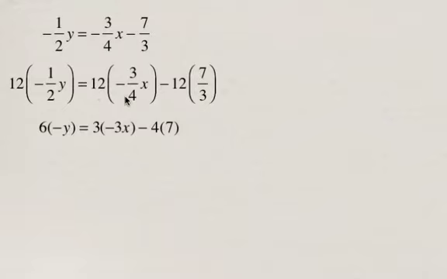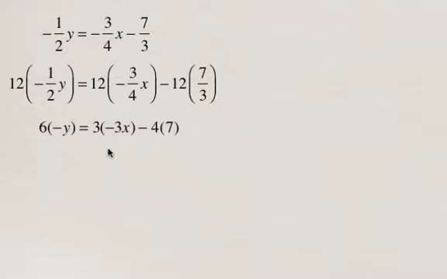And 3 goes into itself once and into 12 3 times. So we end up with 3 times, and remember the 4 is canceled out, so 3 times negative 3 times x, so negative 3x. And here we have 3 goes into itself once and into 12 4 times, so we end up with 4 times 7, because remember the 3 is canceled out.